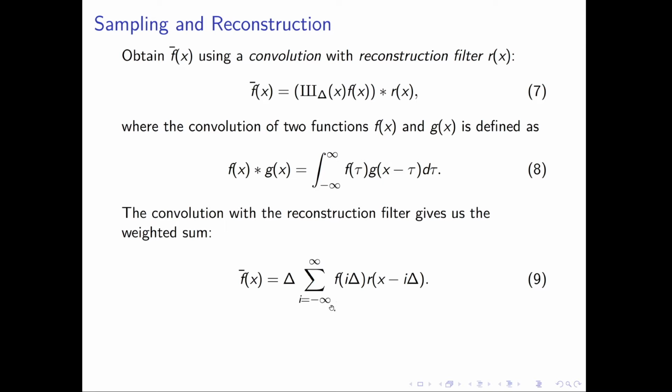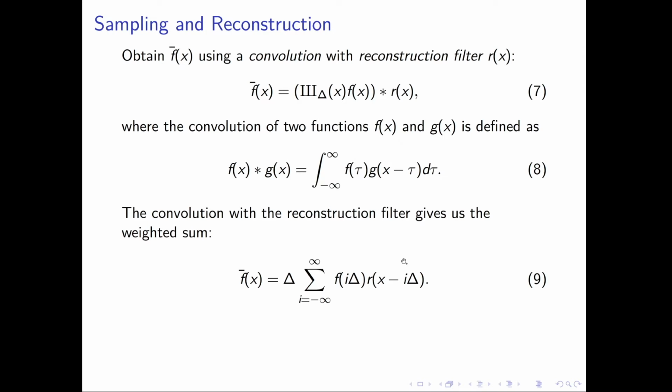This problem can be mitigated if one of those functions is bounded to the left and to the right. For the original function f of x, I'm generally assuming that the function is not bounded. We can make such an assumption, but there's not a necessity, because we usually assume, for practicality, that the filter is bounded.